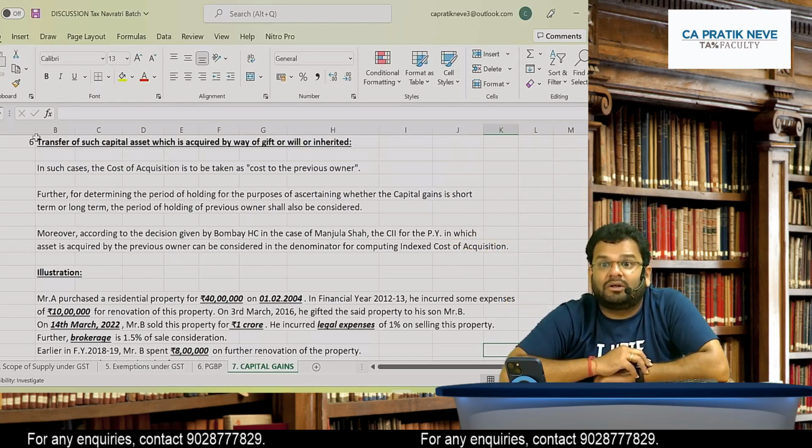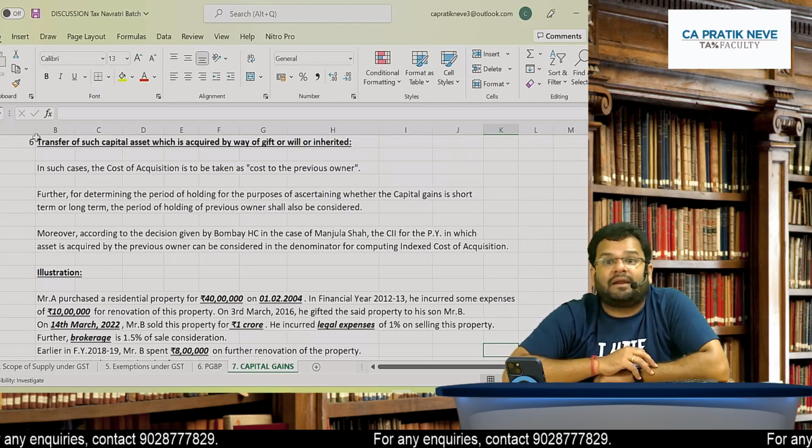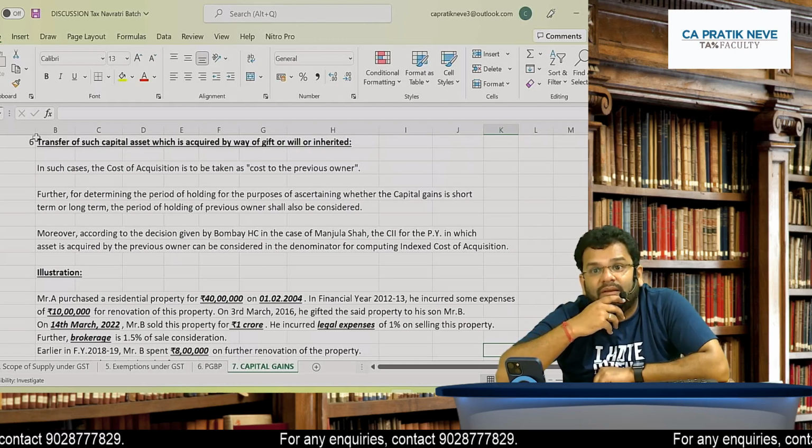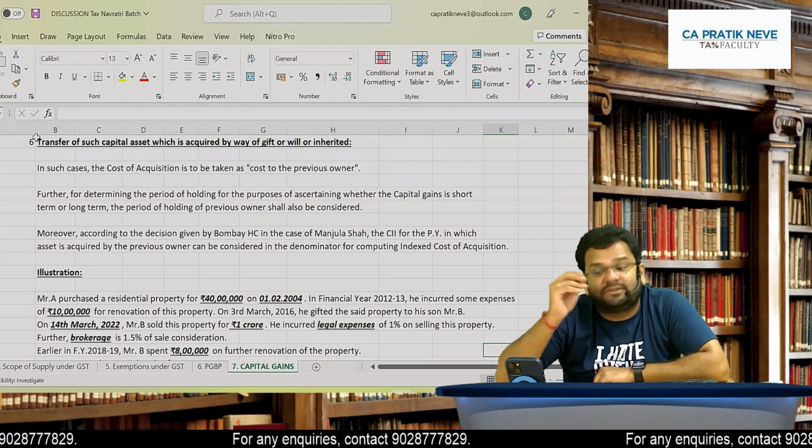Correct? Got the point? So he got that land. Now what is actual cost of acquisition for him? Actual cost of acquisition for him is 0.